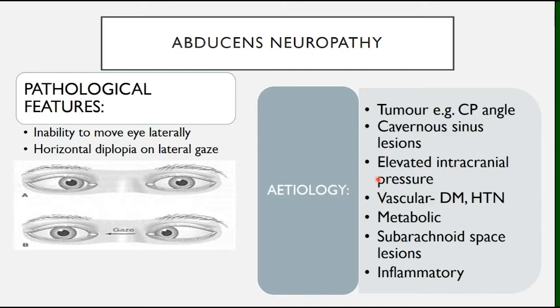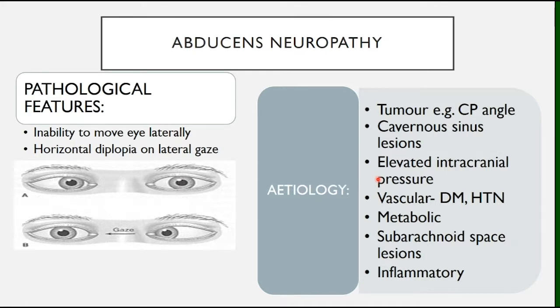It goes through the CP angle, so if there's any tumor there, it can compress. It goes through the cavernous sinus. So if it's in isolation, then it's unlikely. But if it's with other nerves, then it's a false localizing sign because of the way it passes through, it can easily get compressed.